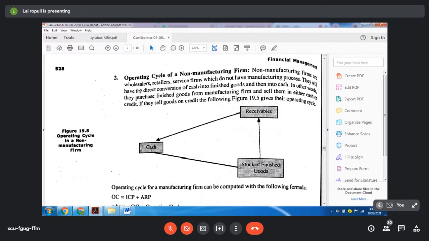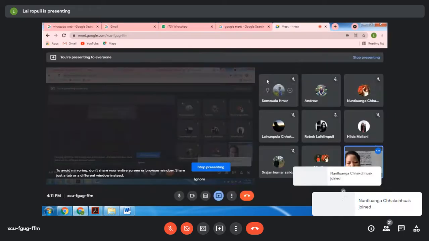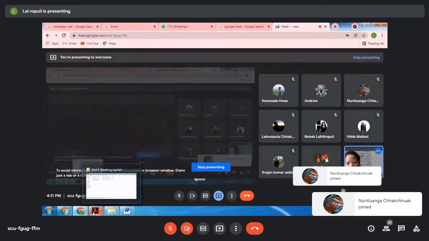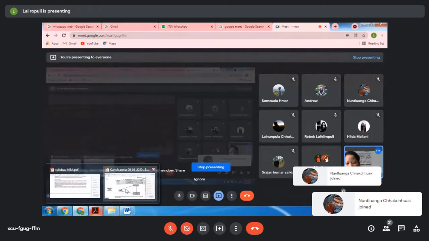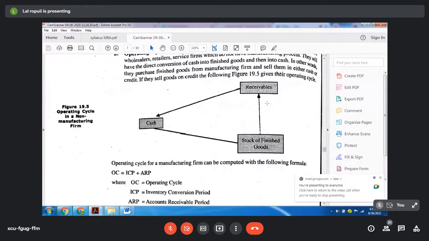In other words, they purchase finished goods from manufacturing firms and sell them, and sometimes sell goods on credit. That is their operating cycle. If you look at the diagram here, they have cash, then stock of finished goods, and then receivables.